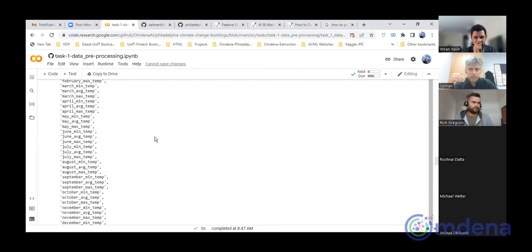Since we are trying different strategies, every strategy ends up giving us a different data set. So I would be saving the CSV files for every single strategy separately, so that when we are making a model, we can just do them side by side, and we don't have to come back and get the data all over again.